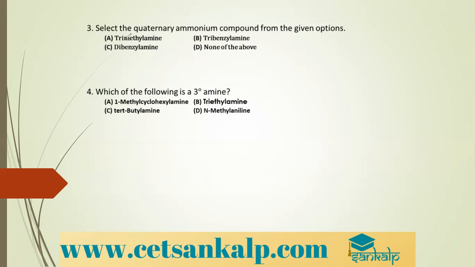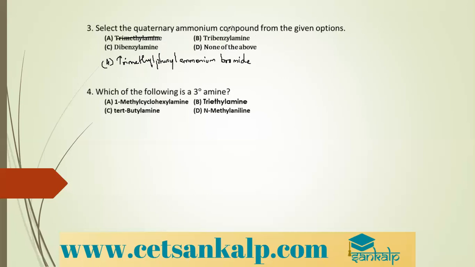The first option is not this. Please make a correction here. Option A is trimethylphenyl ammonium bromide. Second option is tribenzylamine. Third is dibenzylamine, and fourth one is none of the above.